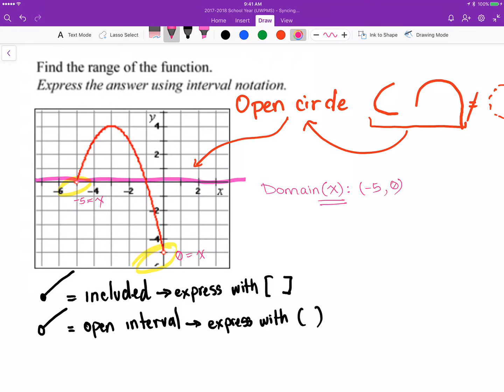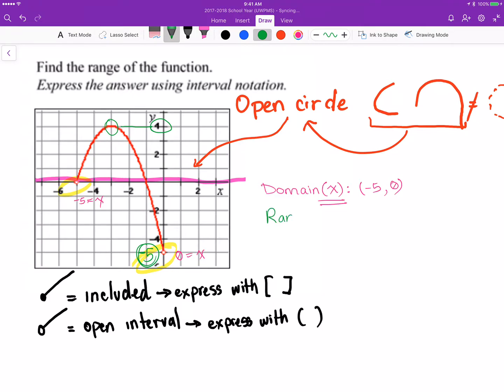In our range, we do have a defined point right here. That's our defined point. And it goes here to -5. Okay, open.